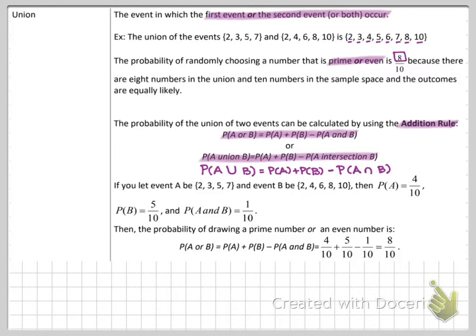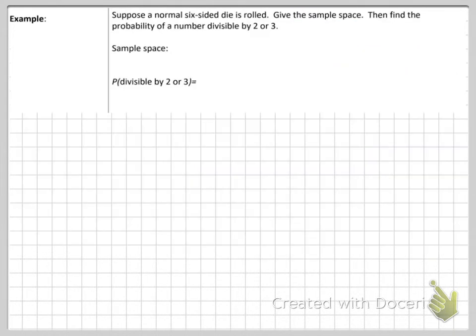And that's where that subtraction thing comes in. You can kind of see it down here at the bottom. You'll see that we've got that one number that belongs in both of the lists. So you got to be careful that you only counted it once and not twice. So the addition rule is nice, but don't forget to subtract the overlap, only because it's been counted multiple times.